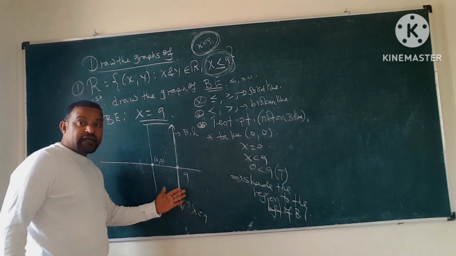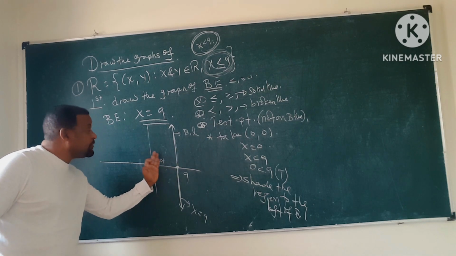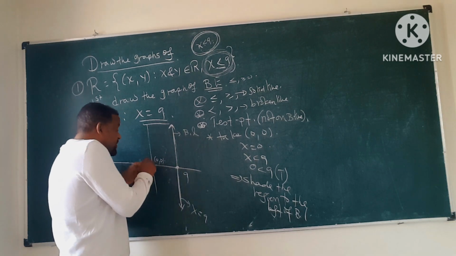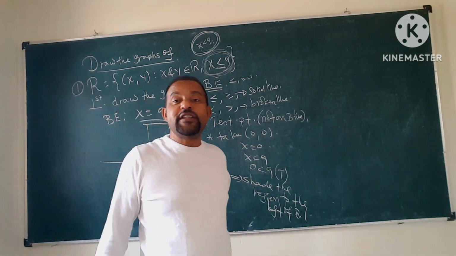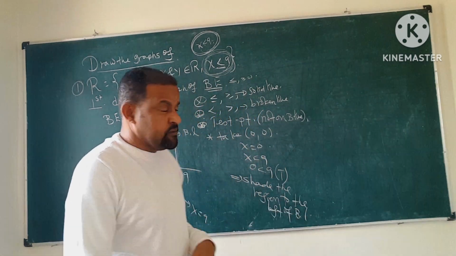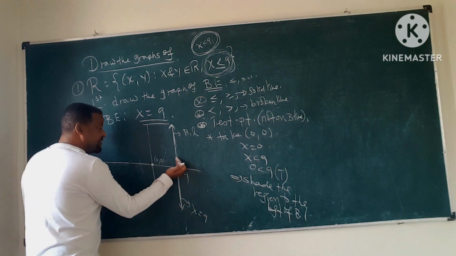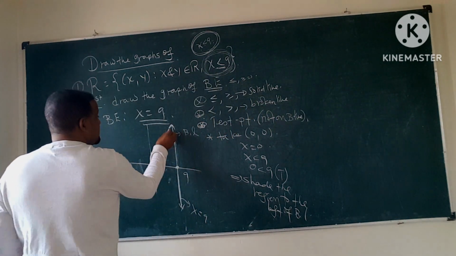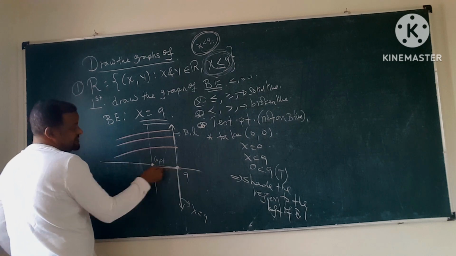Why? Because the test point is here, and when you insert the test point in the given relation it satisfies it; we have got a true statement. So we shade the left side. This is our relation.